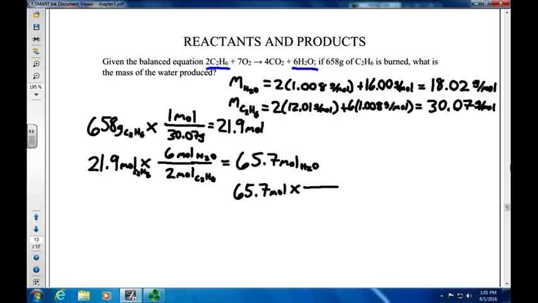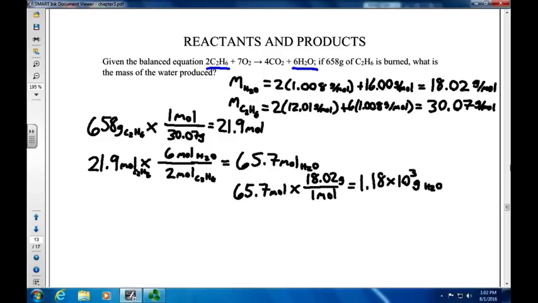We're given that 18.02 grams per mole is the molecular mass of water, so we put our mass at the top, 18.02 grams, and 1 mole at the bottom. And that gets us 1.18 times 10 to the third grams of H2O.